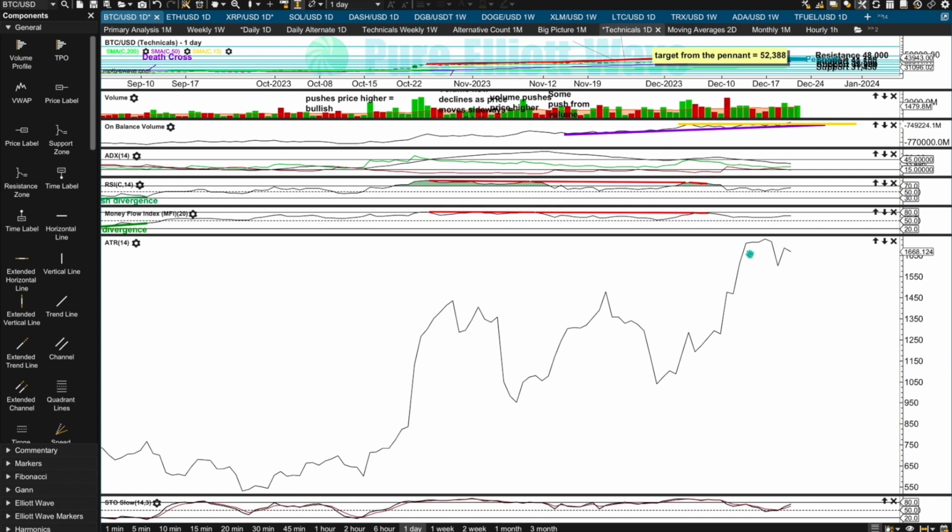Bitcoin's the opposite, and commodities are generally the opposite as well, although they can be in both directions. Bitcoin has a strong association with increasing ATR during bullish runs. It can increase some in parts of bearish runs, but it's always going to increase in a strong bullish run. So it's great to see volatility returning to the market here. And so that's how and why I'm using this small set of indicators together.